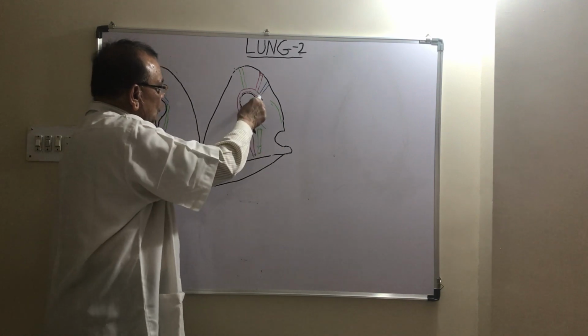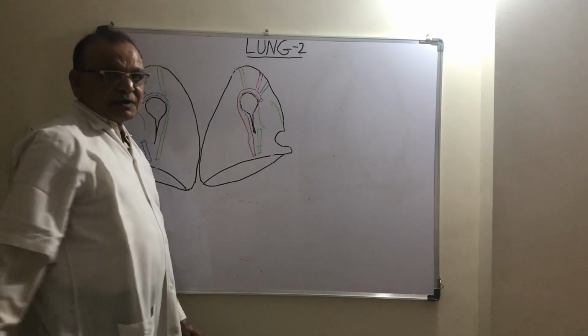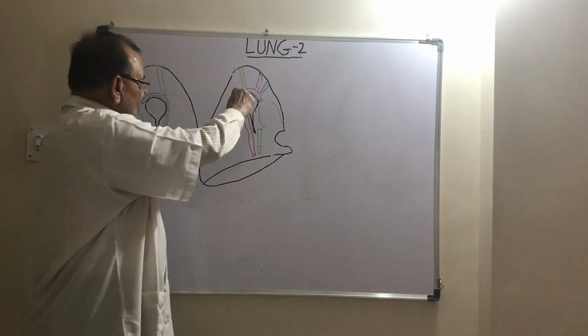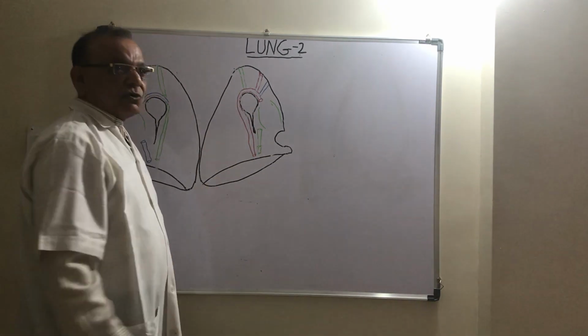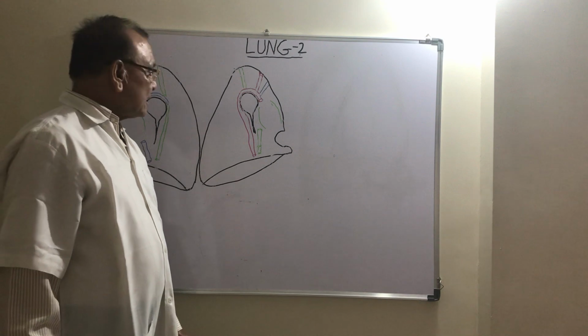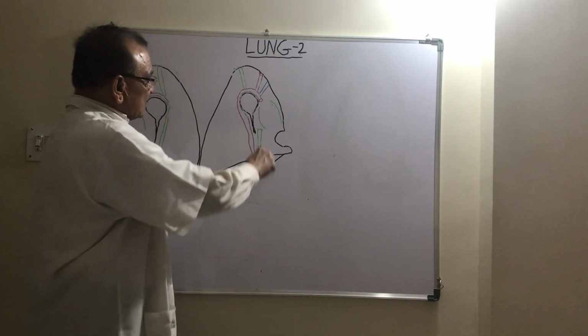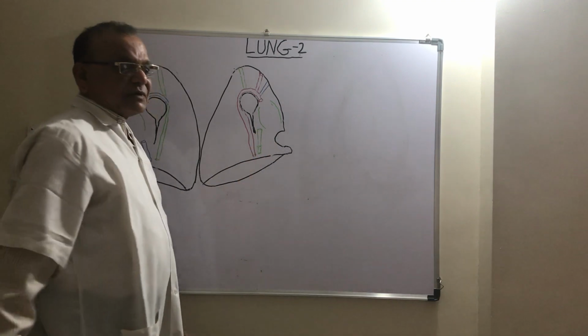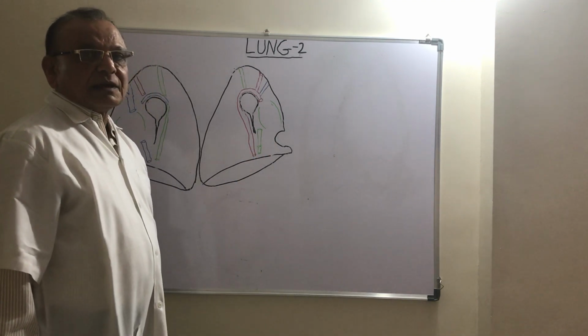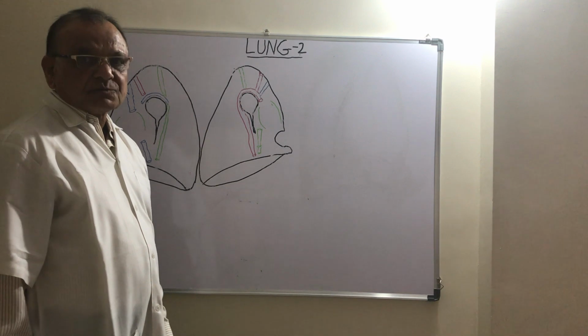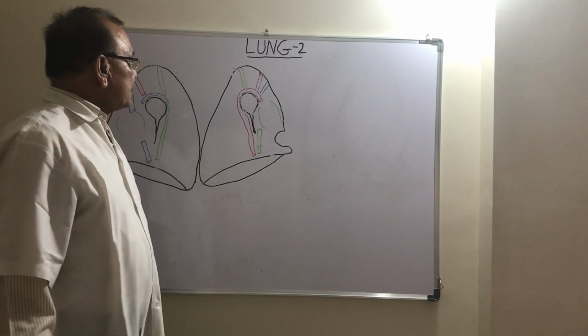So this arch groove is related to the arch of aorta, and the vertical groove behind the hilus is related to descending thoracic aorta. In front of the lower part of pulmonary ligament, there is a vertical groove, and this vertical groove is produced by the left margin of esophagus.